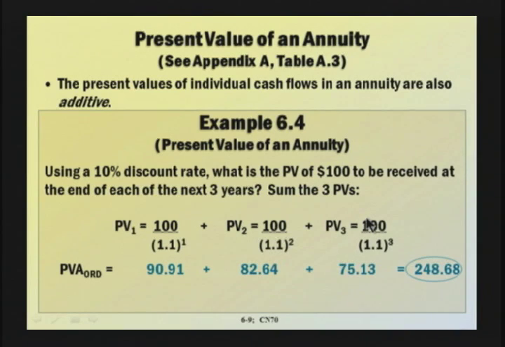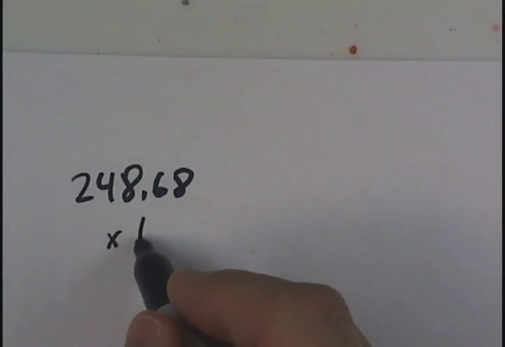Remember the idea of indifference. I'm indifferent between $248.68 today and $100 at each of the next 3 years, as long as I can turn one into the other. So let's see if we can replicate this. If I had the $248.68 today, and I earn 10% interest on that investment, then it's going to grow by 10%.